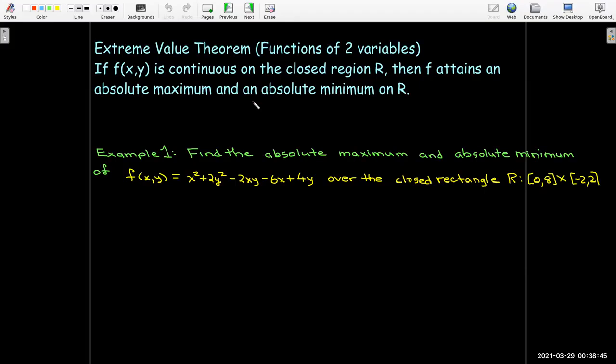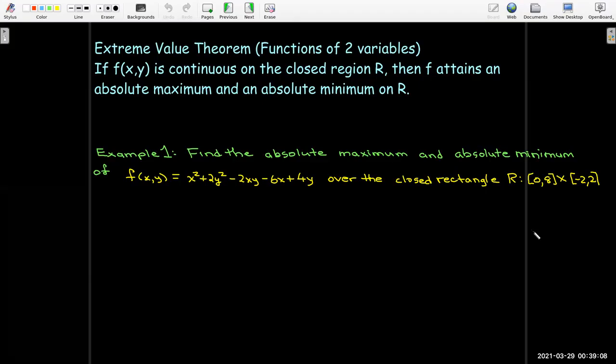So here's an example. We'd like to find the absolute maximum and absolute minimum of the function f of x comma y is x squared plus 2y squared minus 2xy minus 6x plus 4y over the closed rectangle [0, 8] by [-2, 2].